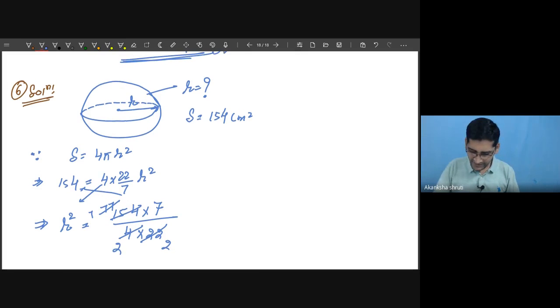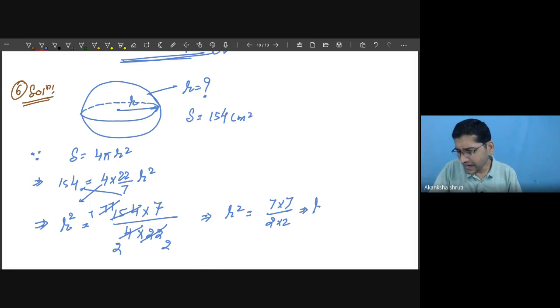So students, you be careful in cancelling because it is the r square. So this implies simply r square is equal to, in the numerator 7 into 7, and in the denominator 2 into 2. It means r can be taken as 7 into 7 by 2 into 2.